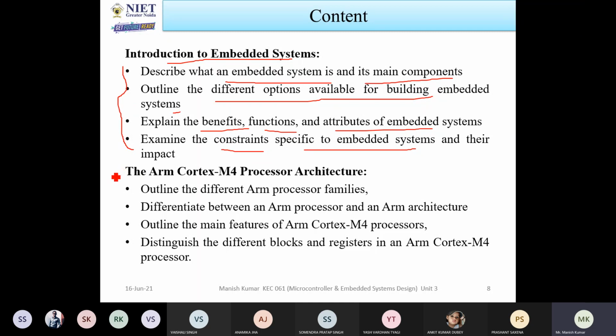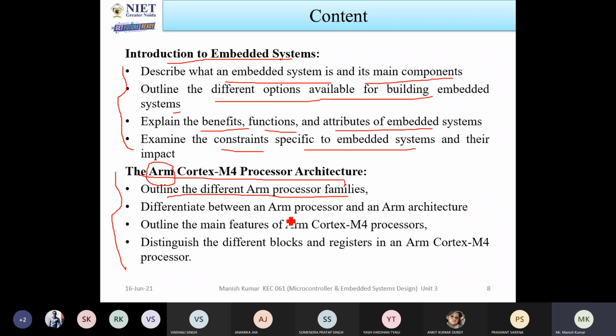The second half of this unit is called ARM Cortex-M4 processor architecture. ARM stands for Advanced RISC Machines. This is the ARM company which developed the Cortex-M4 processor. There are various families for the Cortex. You can see the first topic: outline the different ARM processor families. We will discuss how many types of processors are available with the ARM Cortex.